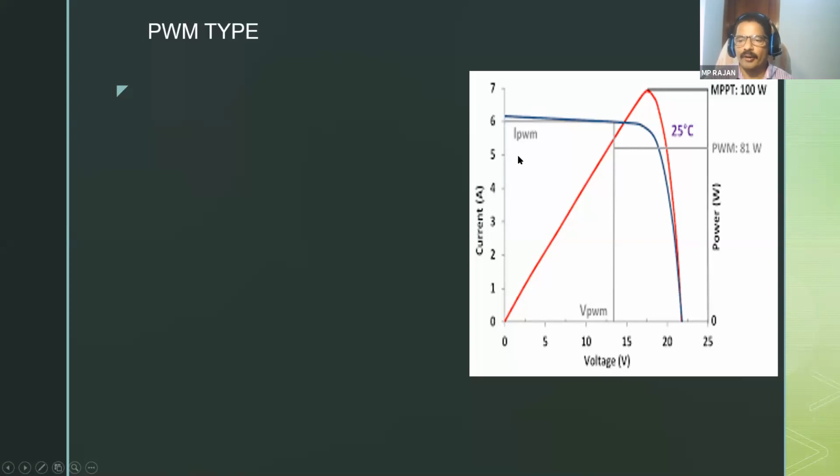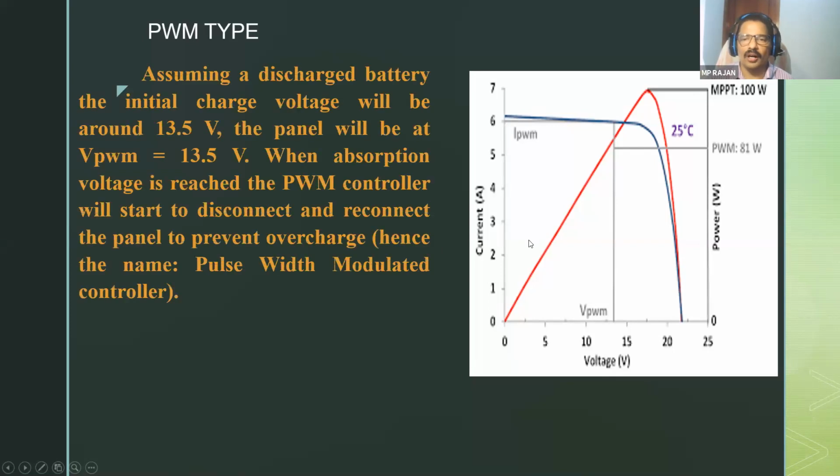But in your PWM charge controller, the charging voltage is set. For example, your PWM charge controller has set a charging voltage of 13.5 volt. So 13.5 volt is somewhere here.